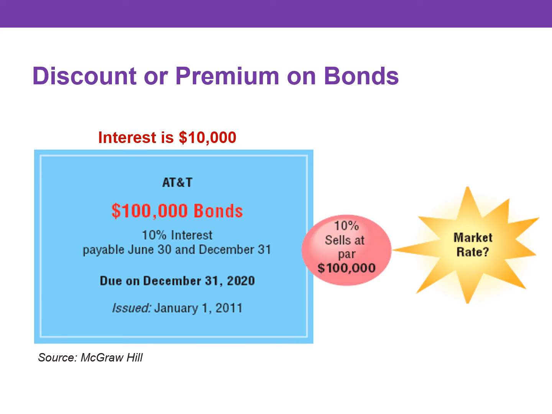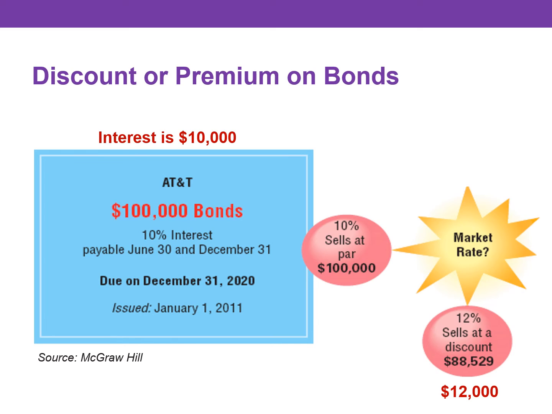If this company issues 10% bonds when the market rate of interest is 12%, investors will not be interested in buying 10% bonds unless the selling price falls below their face or par value. Investors expect a $12,000 interest payment, and this company is only paying $10,000.